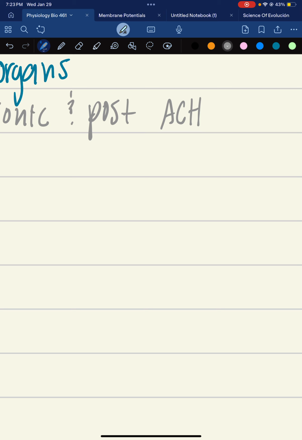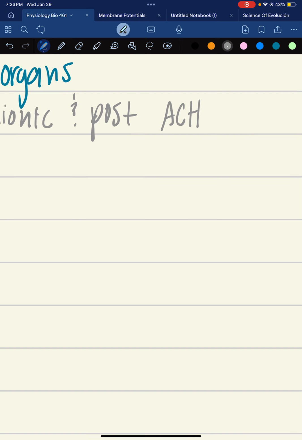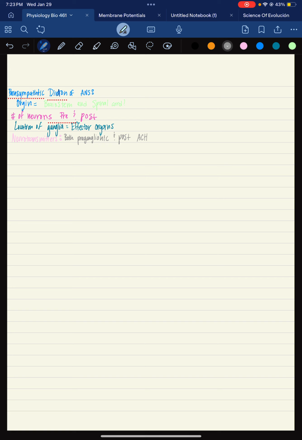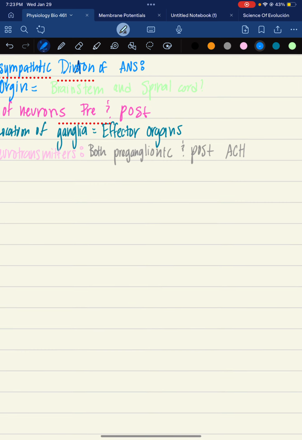And the types of receptors, we have cholinergic receptors. I don't know how to spell or pronounce it, but it's nicotinic and muscarinic. And then what this does is it rests and digests, meaning heart rate slows down, pupils don't dilate, and yeah.